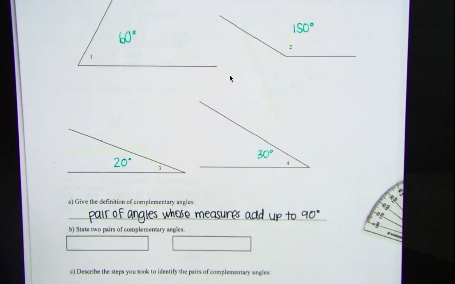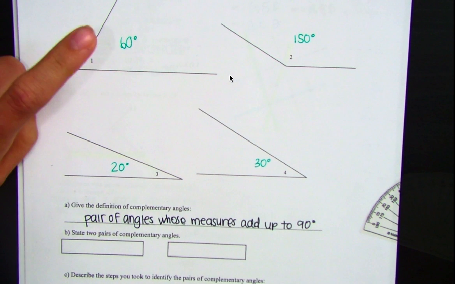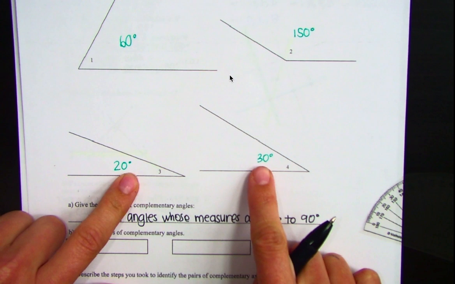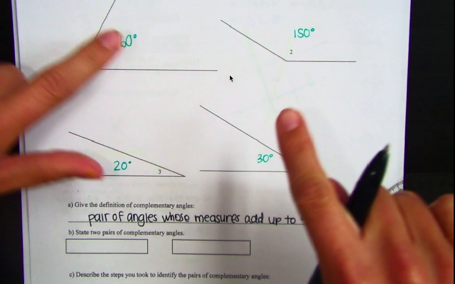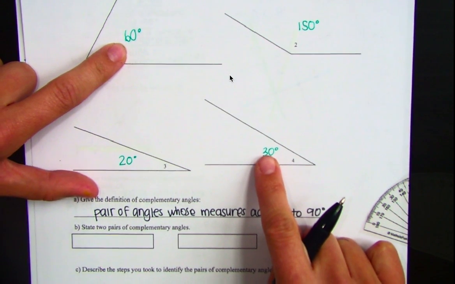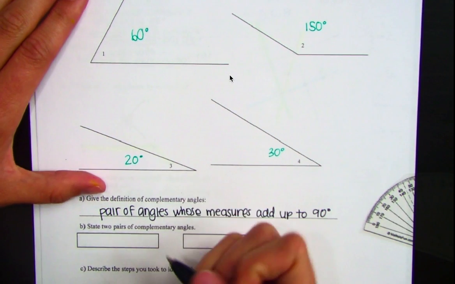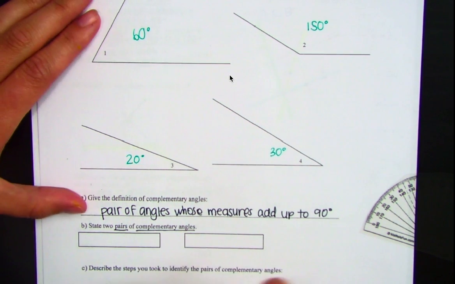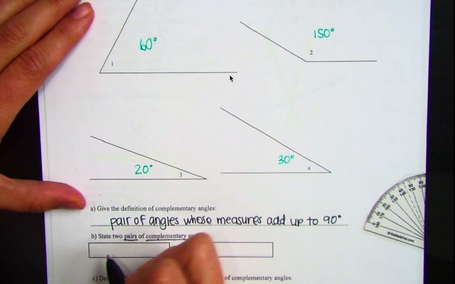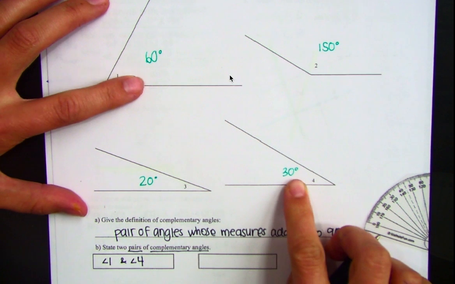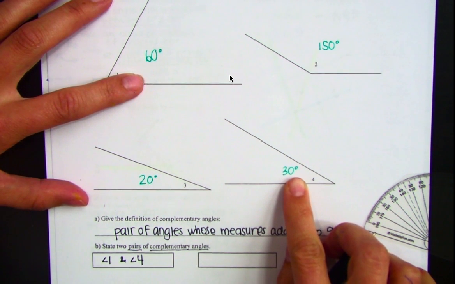So looking here, I have 60 and 20, that only gives me 80 degrees. These would give me 150 and 180. There it is. 60 plus 30, we know, gives us 90 degrees. So if I want to state a pair of complementary angles, then I would say angle 1 and angle 4. Those are complementary because their sum is 90 degrees.